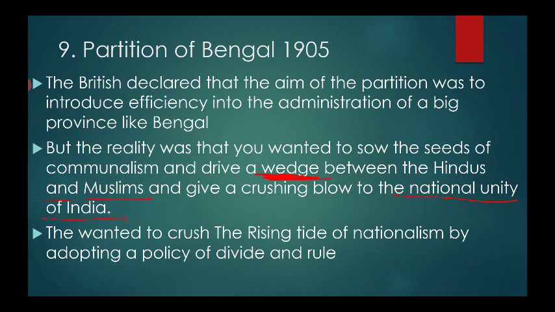They opposed the constitutional methods of the early nationalists, and they advocated agitation and vigorous political action to achieve Swaraj. They did not stay quiet. They wanted continuous struggle to achieve Swaraj. Vigorous means extreme political action to achieve Swaraj.